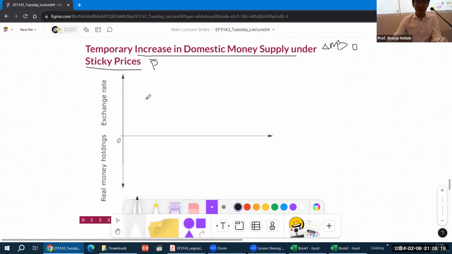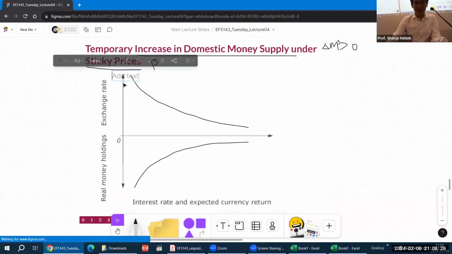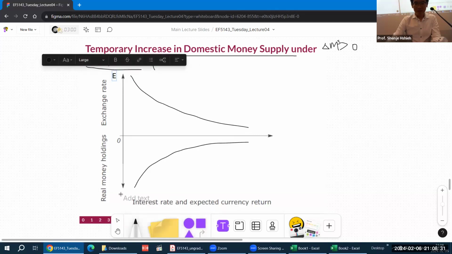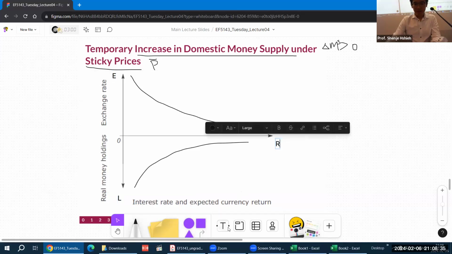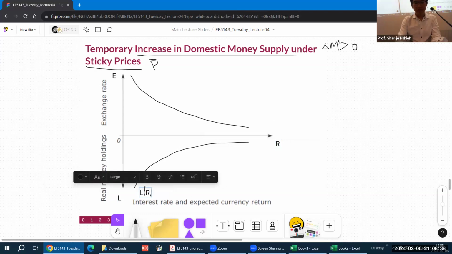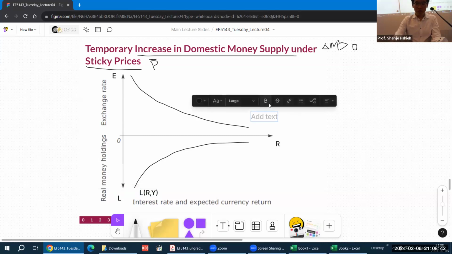So let's go ahead and analyze this with a starting point. We have UIP, we have liquidity preference. Let's label everything. And UIP is represented by this curve, which is this simplified equation, sufficient.